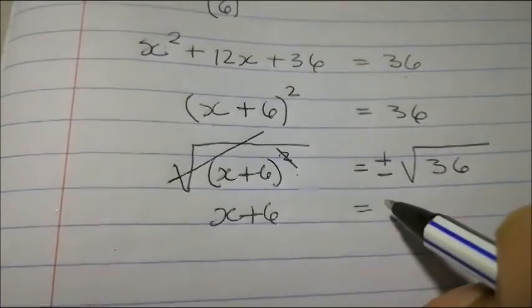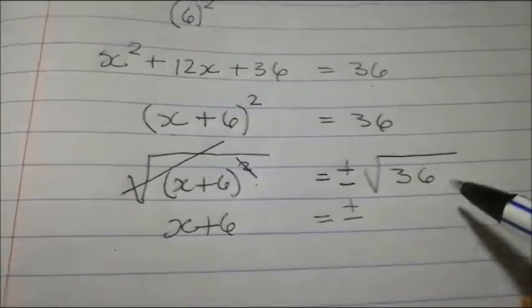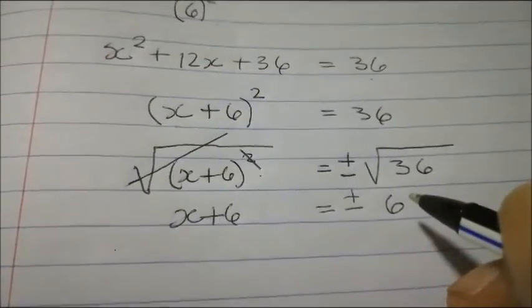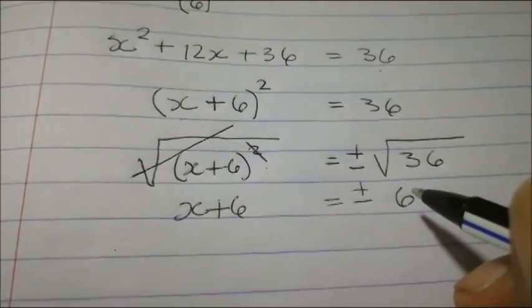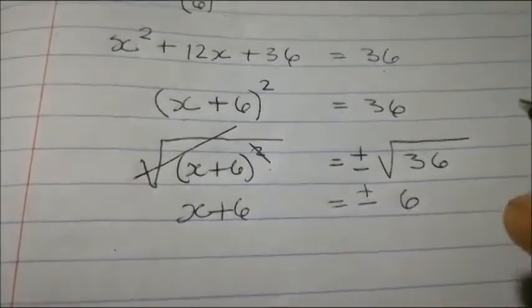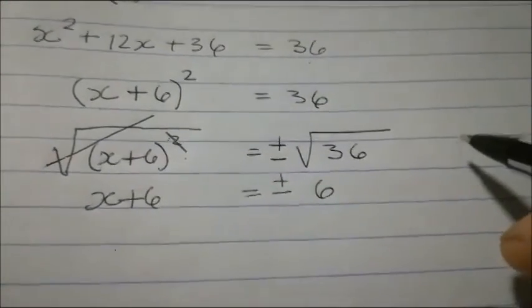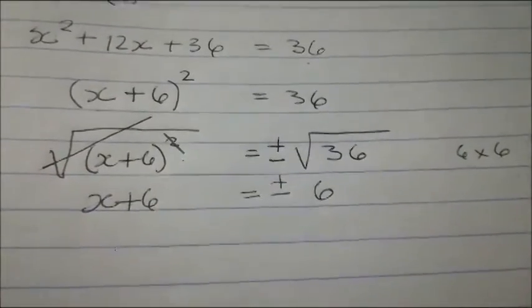And this is going to be equal to plus or minus the square root of 36, which is 6. Remember that the square root of a number is one of its two equal factors. 36 has two equal factors of 6 times 6.